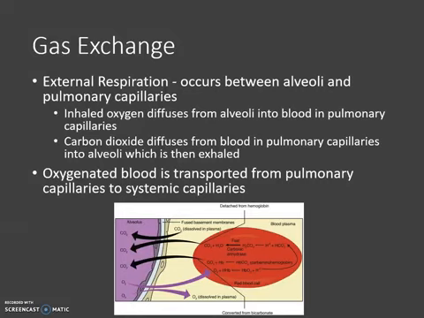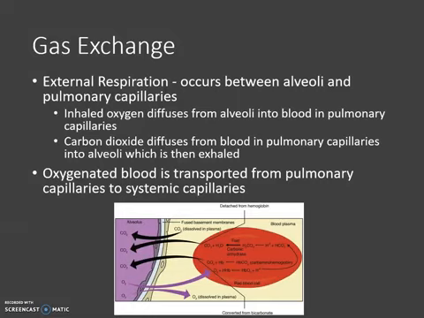And the primary gas that diffuses into the pulmonary capillaries is oxygen. At the same time, carbon dioxide from the blood in the pulmonary capillaries is diffusing into the alveoli. So oxygen and carbon dioxide are moving in opposite directions.